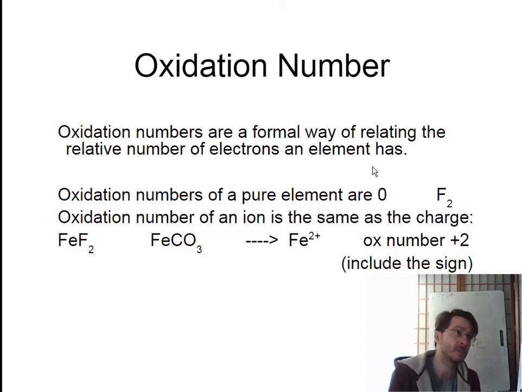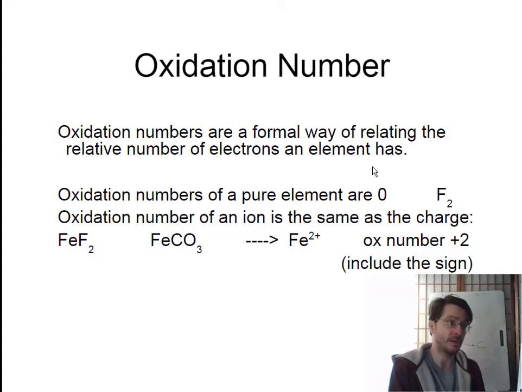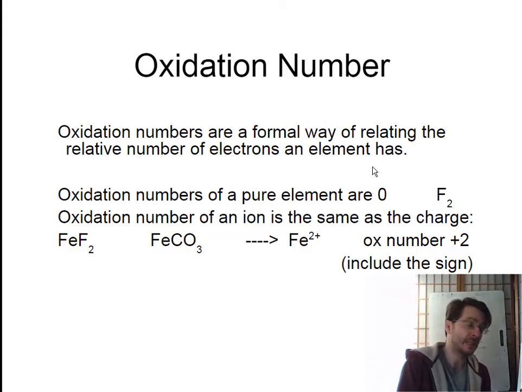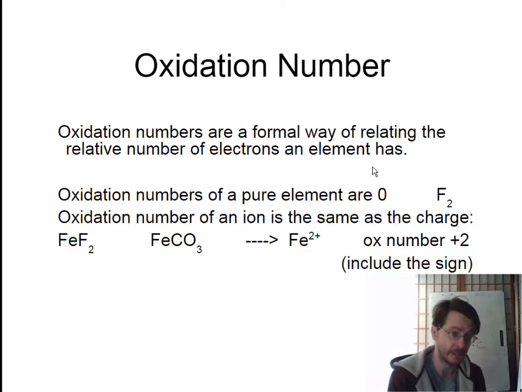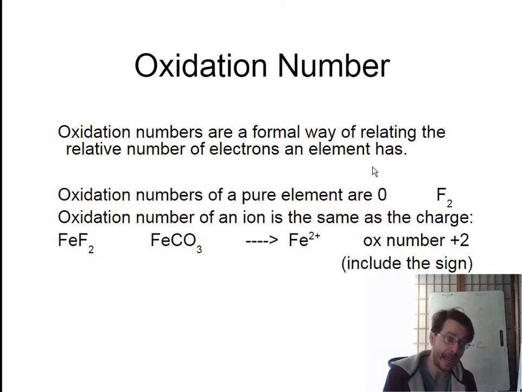An oxidation number is a formal way of relating how many electrons an element has gained or lost compared to its native state. All right? By that I mean elements in their pure form under standard state conditions, how many electrons they have, and how many they gain or lose.